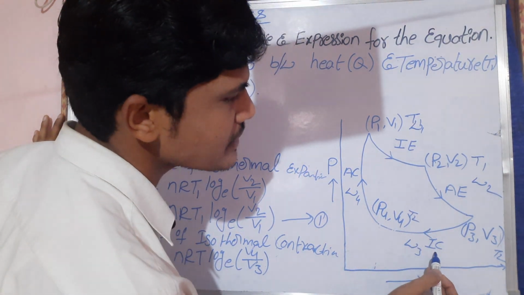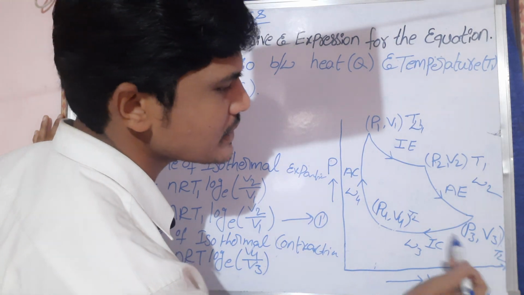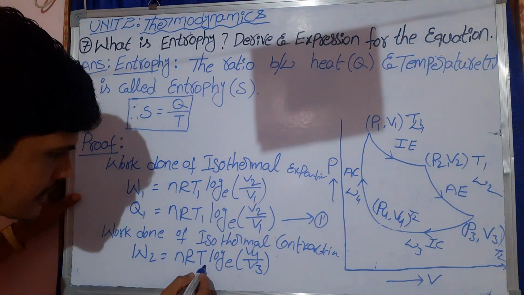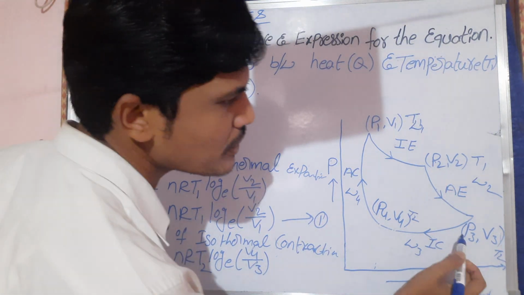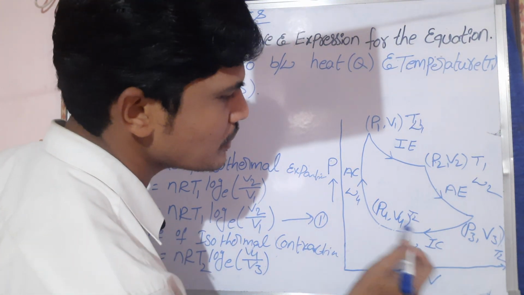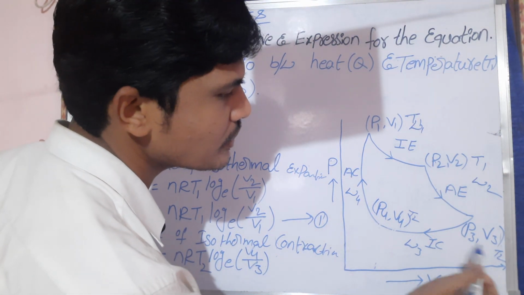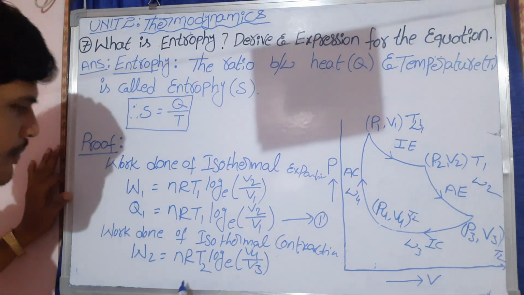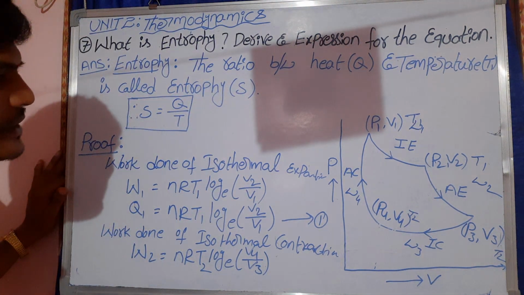Isothermal means the temperature is constant, so temperature T2 is constant and the remaining variables change: P3 to P4, and V3 to V4. So this is the equation.